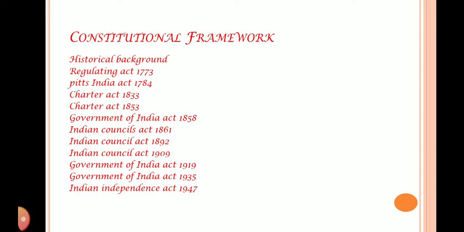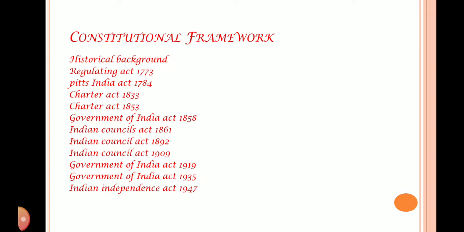The Act of 1947 provided for the abolition of the office of the Secretary of State for India and his advisors. The two dominions were given freedom to join or not to join the Commonwealth.